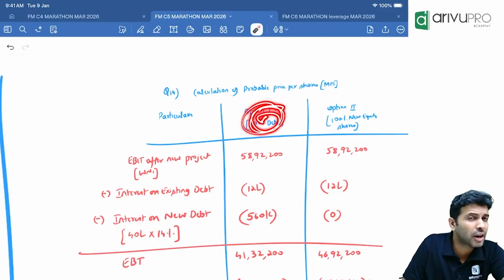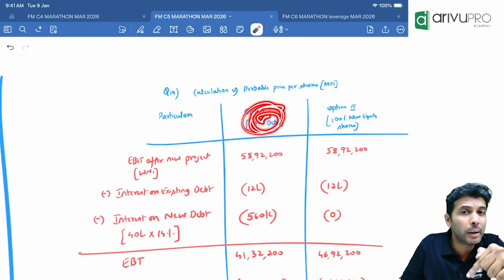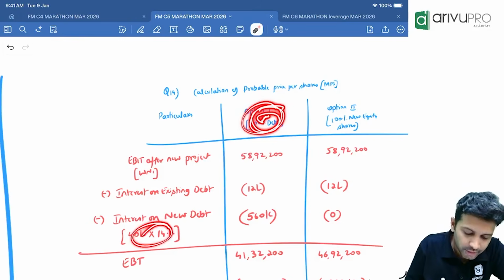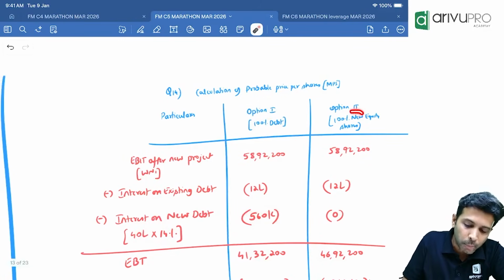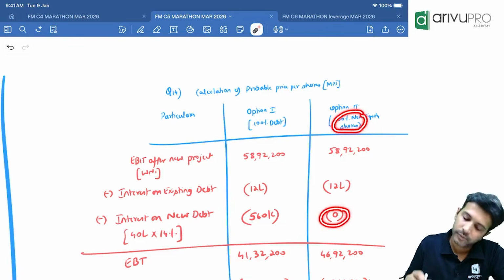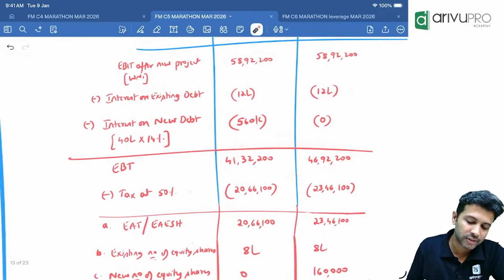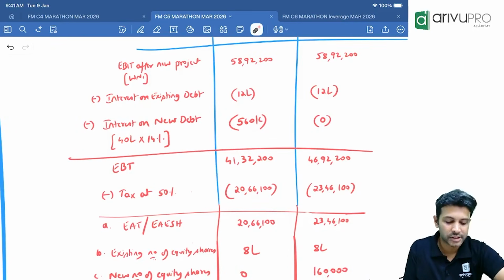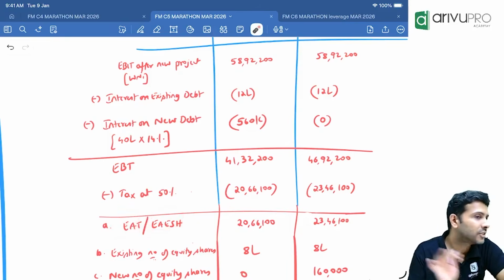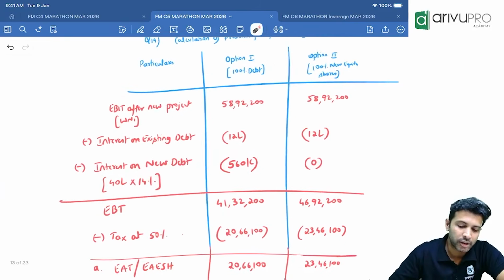Yes. That means on that 40 lakh, we will borrow at 14%. 40 lakh at 14% is 5,60,000. Here you are raising that extra money through equity shares, so interest on new debt will be zero. By doing this, you get earnings before tax, reduce tax, and you get earnings after tax. Since there are no preference shares, earnings after tax and EAESH will be the same.